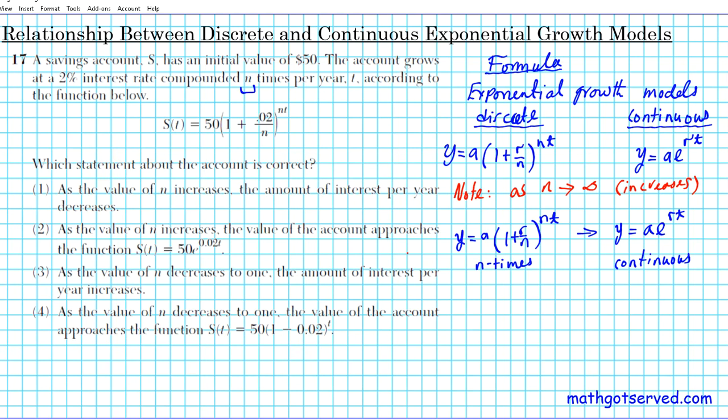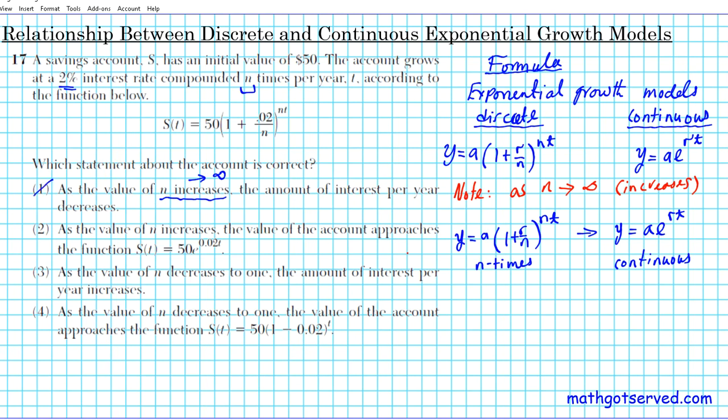Let's take a look at option number 1. We're looking for the statement that's correct. It says as the value of n increases, n going to infinity, the amount of the interest rate per year decreases. The interest rate per year is basically our r value. Ladies and gentlemen, the rate is fixed.